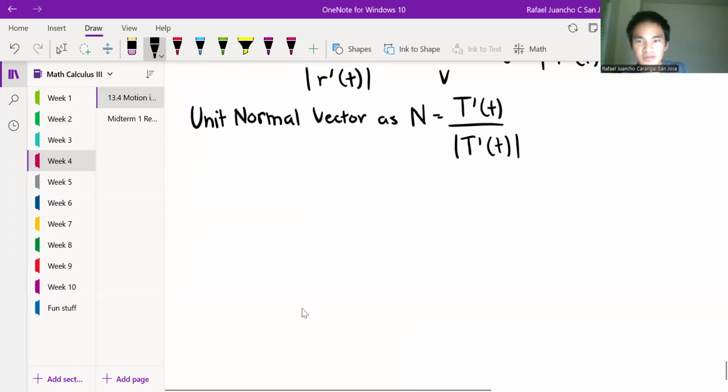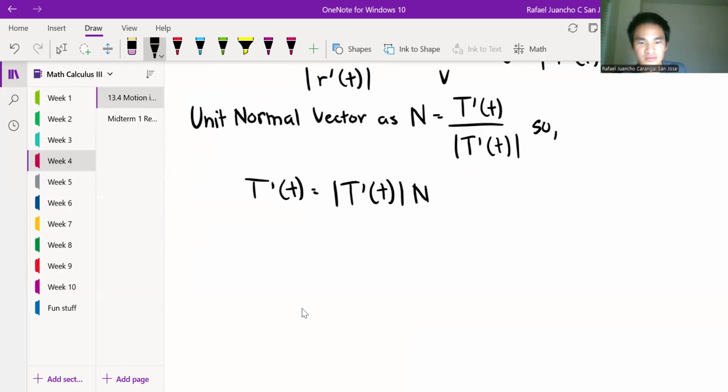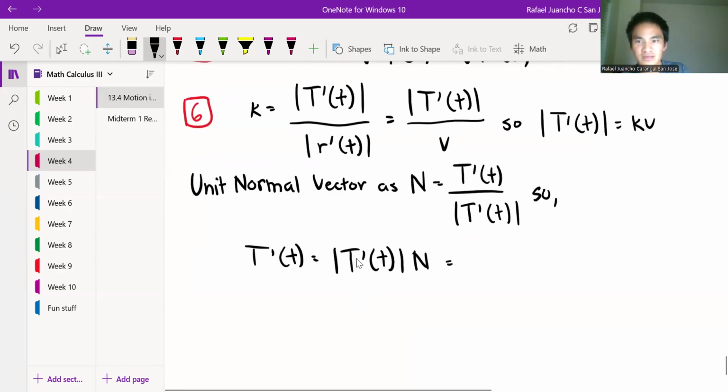And so from there, the derivative of my unit tangent vector is just equal to the magnitude of it times N. And again, we said that this is equal to my curvature times speed.